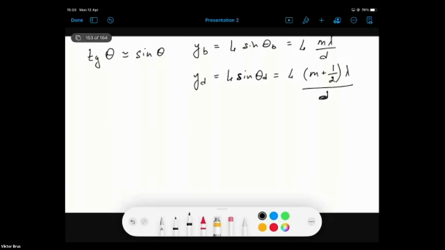But now, after we define this position of the center of the fringes, we want to understand a bit more how light intensity is distributed along the screen.